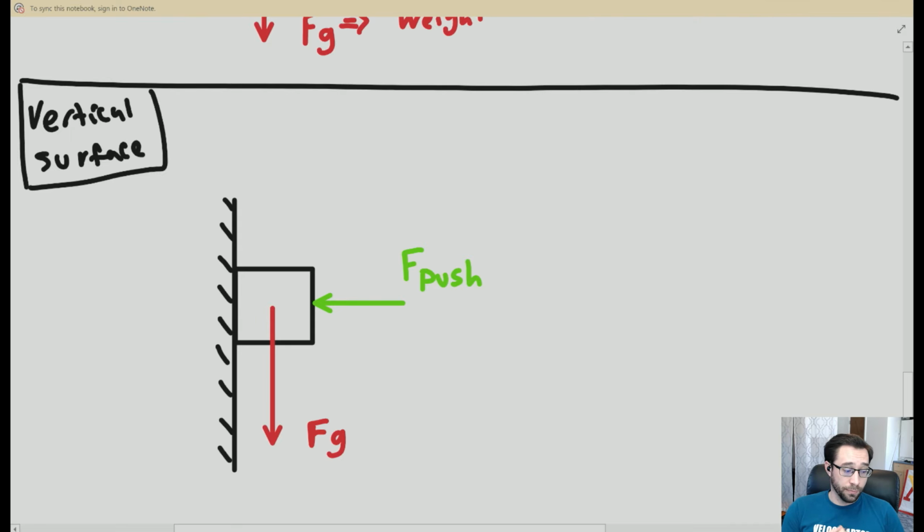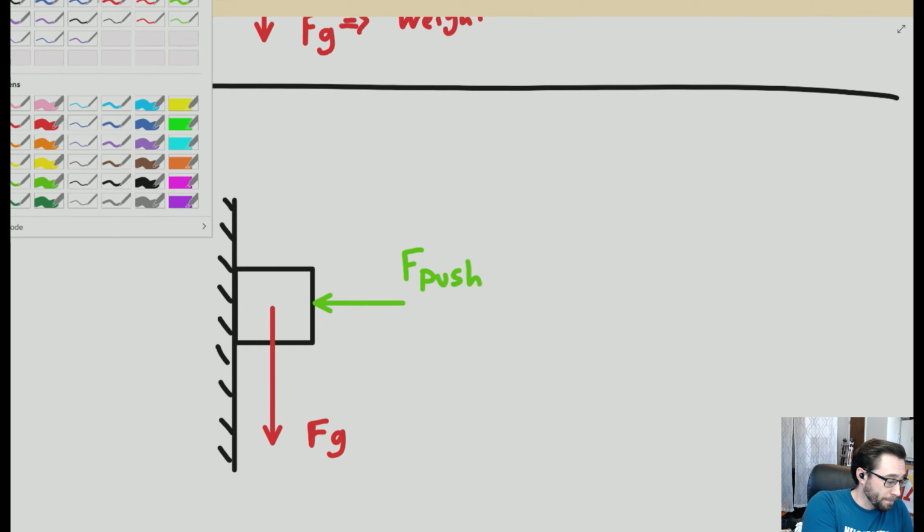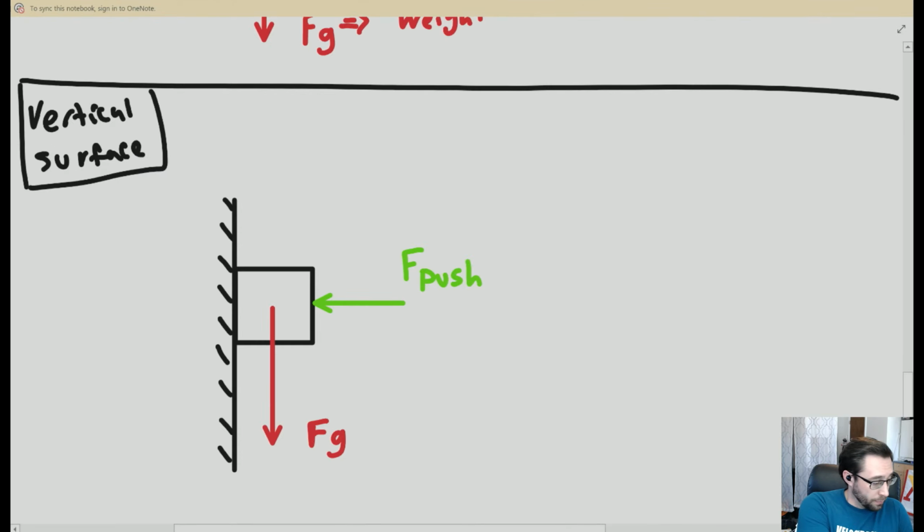Does that make sense? So what would be causing that blue force? This would be the normal force, the force of the surface pushing back on the object. Cool. So if I'm holding a box against the wall, it's not moving horizontally.